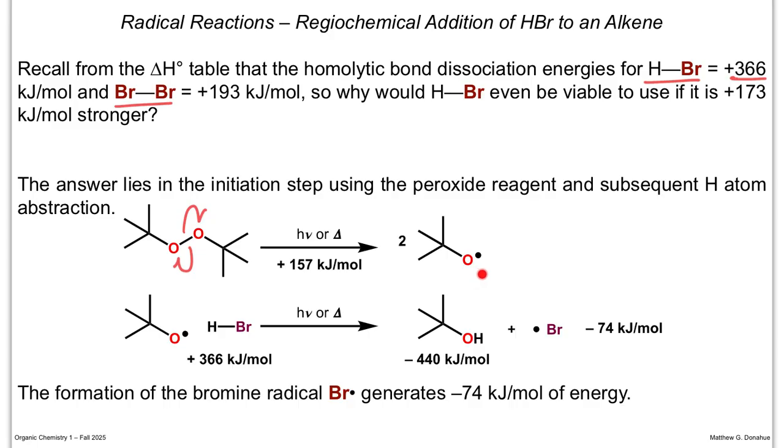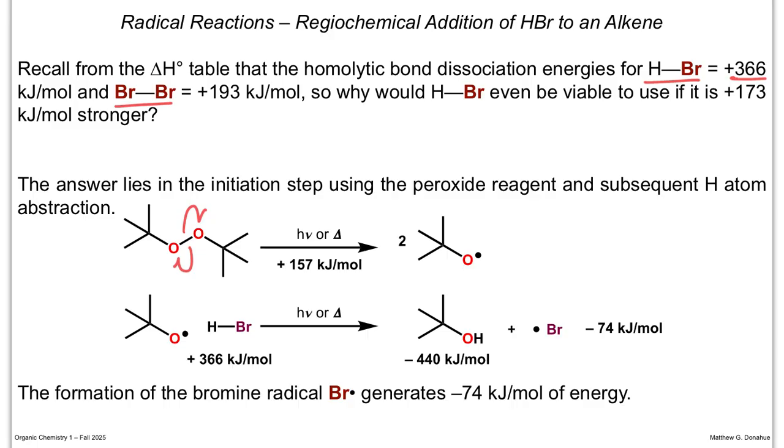So remember, radicals are reactive intermediates. They're high energy. They want to do something so that they become neutral. So what this thing will do in the next step is react with the HBr to abstract a proton.